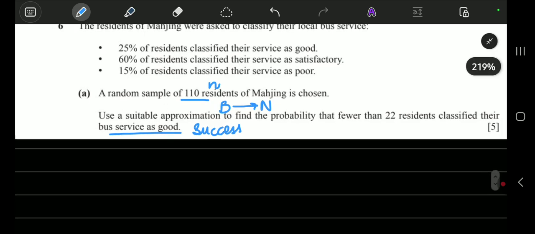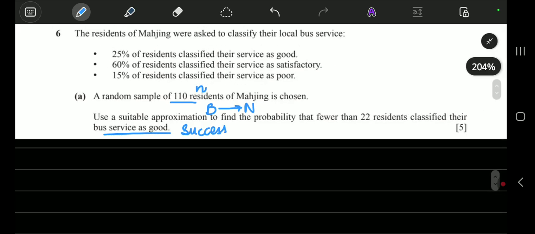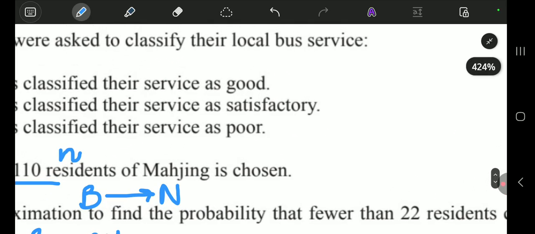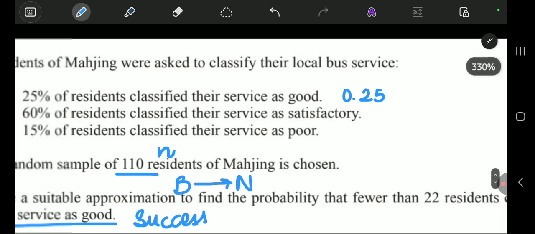So if you write the probability of the success, we always write it not in the percentage form but in the decimal form. So 25% means 0.25. Also write for the rest of them, 0.6 will be used for the next coming parts maybe, and 0.15.